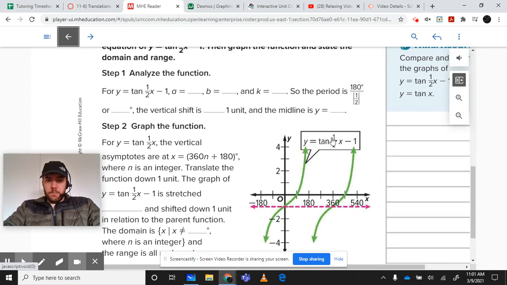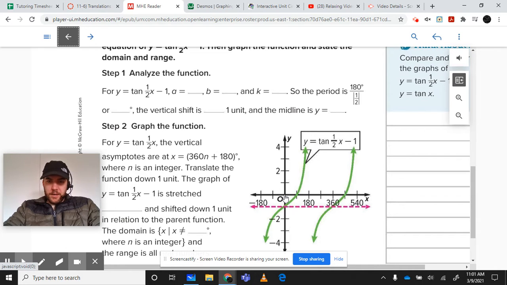We have a b value that's going to affect our period. So that is going to do a horizontal stretch or compression. Since it's a fraction less than 1, it's not going to compress it, it's going to actually stretch it out. And that's why we're seeing a period that looks like it's going 360 degrees, right?